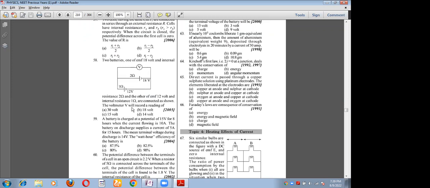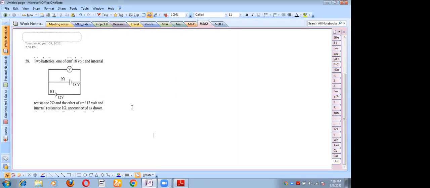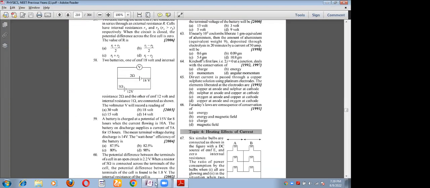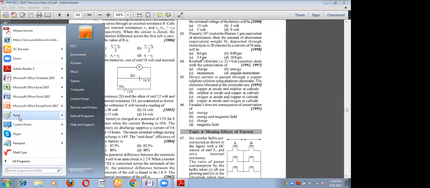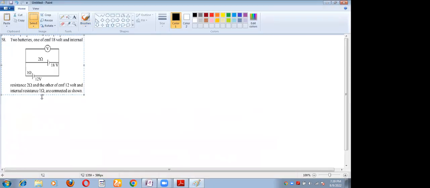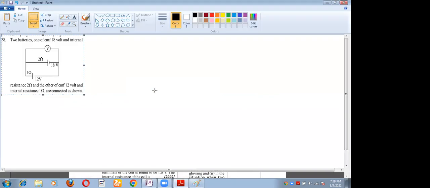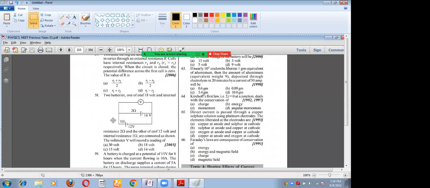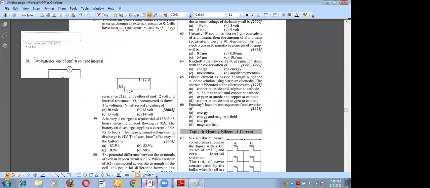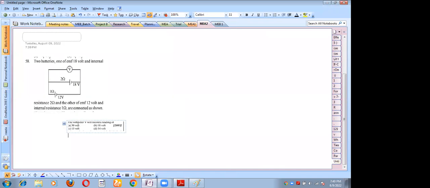We have to find the voltmeter reading. Okay. Option. And this is question number 58.